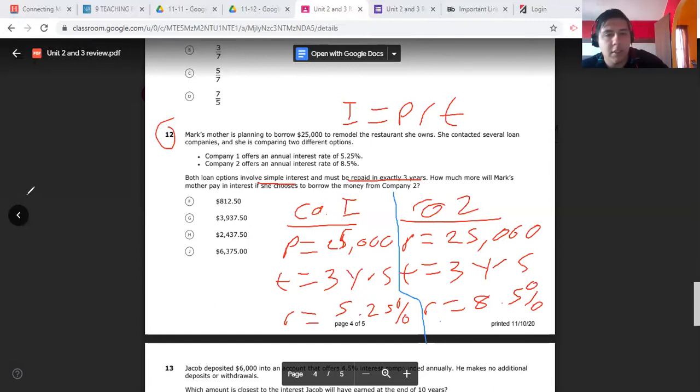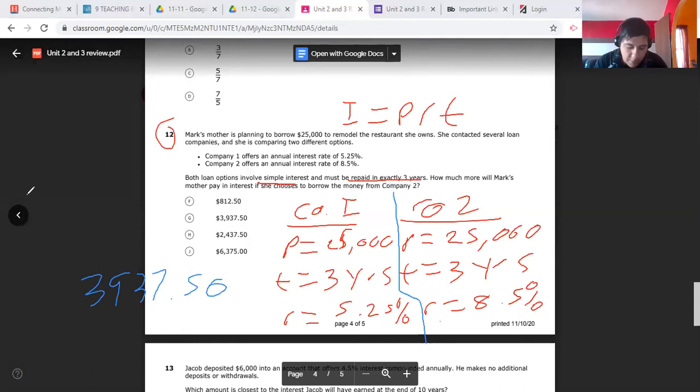So to solve these, we're going to multiply all of them together. So that's 25,000 times 3, and then 5.25%, but it has to be in decimal form. So 0.0525. So the first company will charge us $3,937.50.